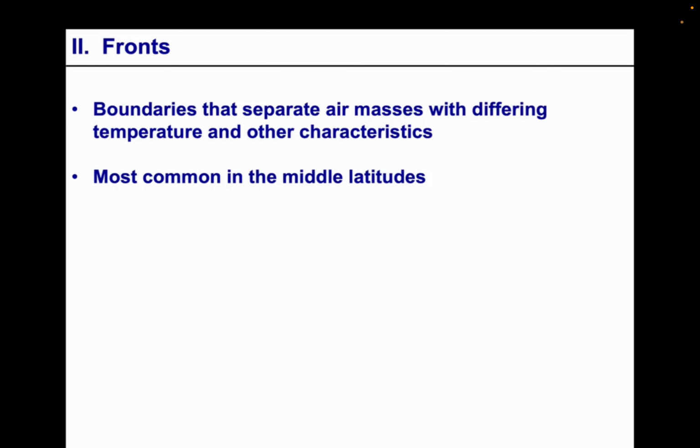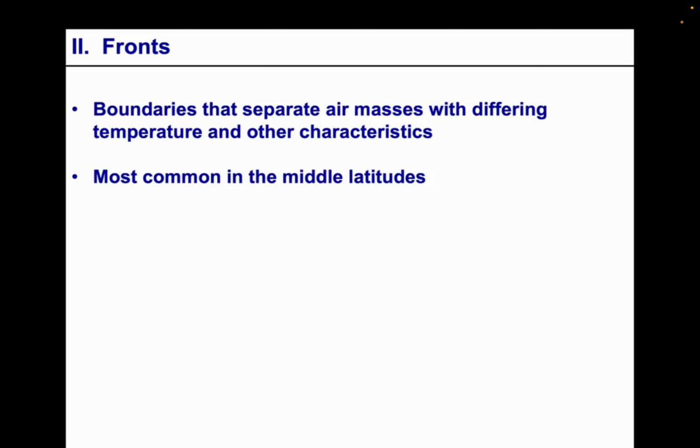And again, when we're talking about fronts, we're simply talking about the boundaries that separate air masses with different temperature and other characteristics. Most importantly here, we're mainly looking at temperature change.